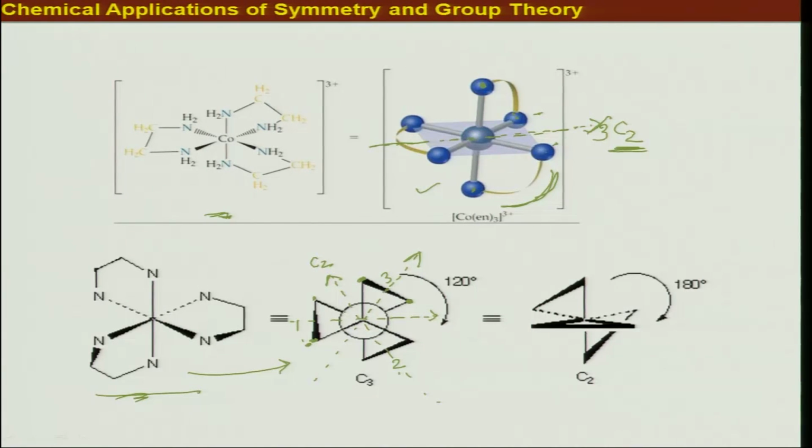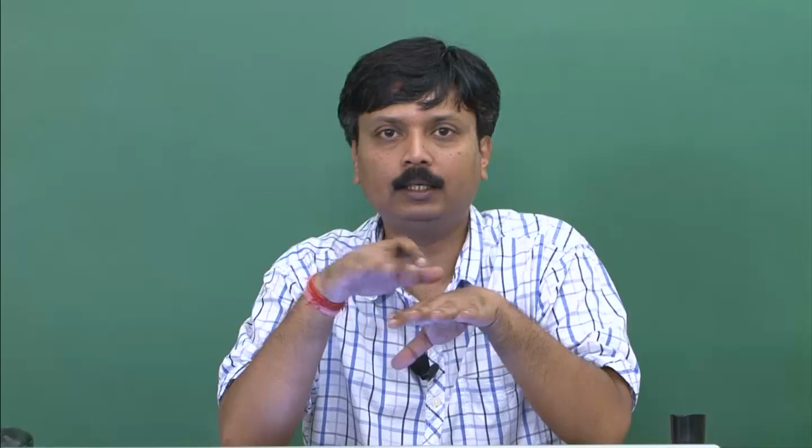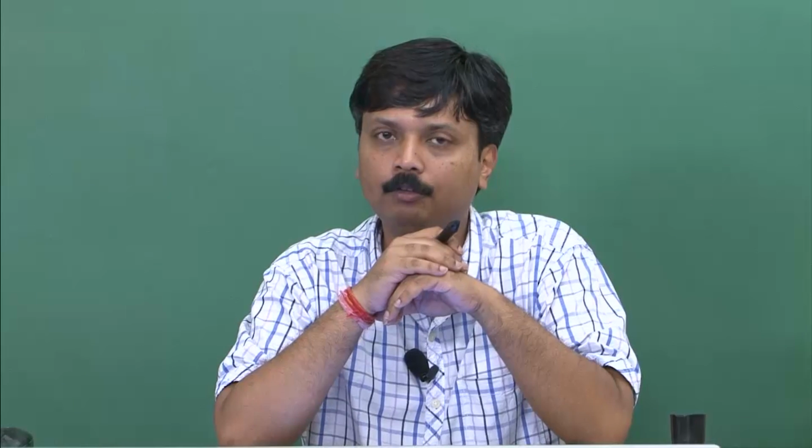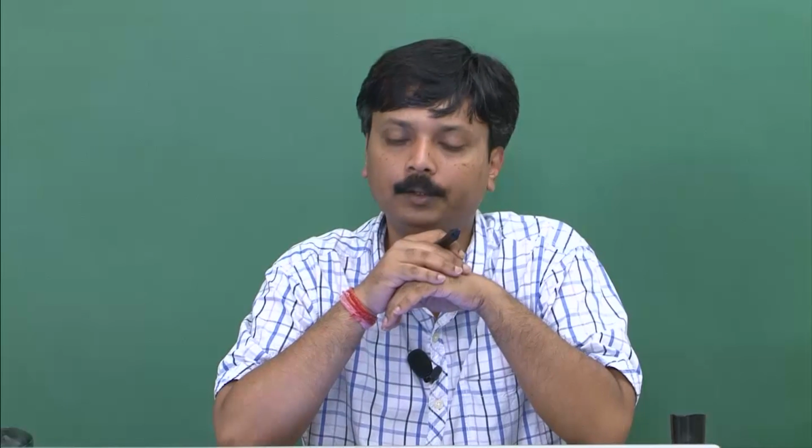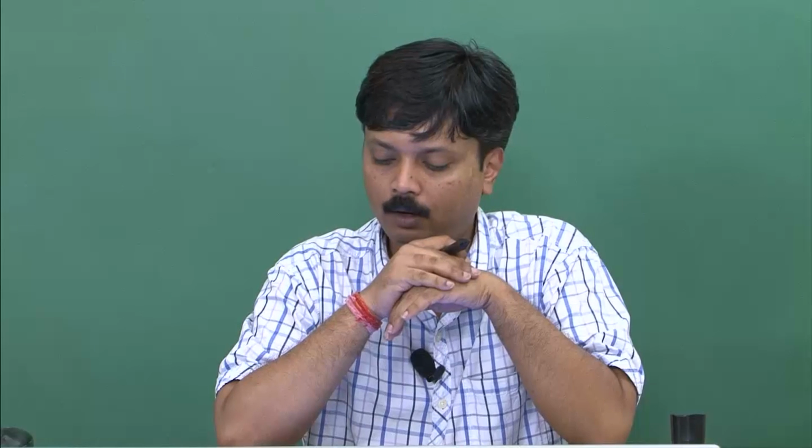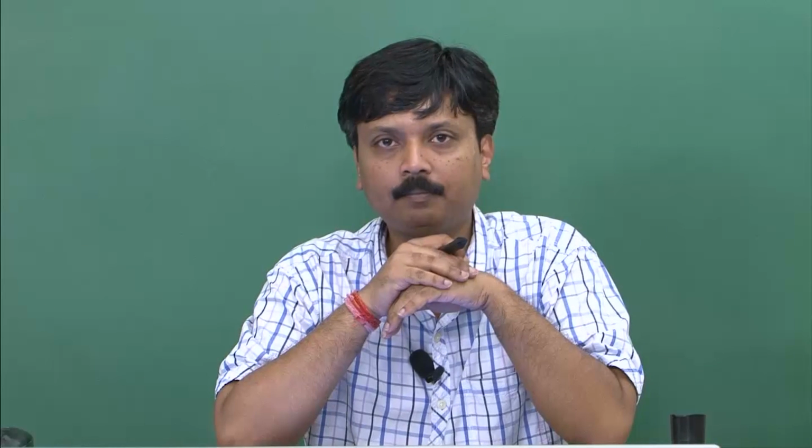Now, do we have any other symmetry elements present here? Do I have a sigma h from these structures? No. Pretty much like this ferrocene in staggered conformation. So, I do not have any sigma h here. Now, do I have any sigma v?